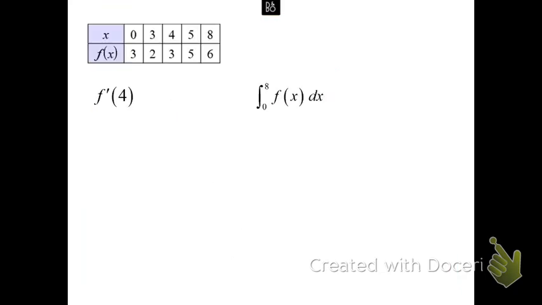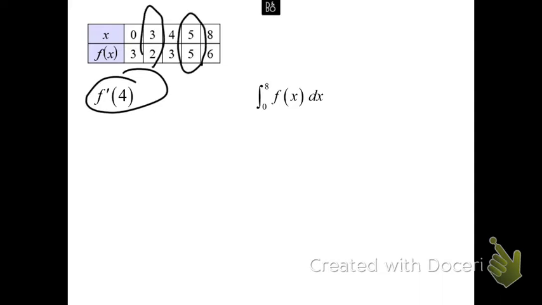Okay, so way back, like the first week of school, we learned how to estimate a derivative using a table. I think it should make sense that since derivative means slope, when we estimate a derivative using a table, we basically calculate the slope surrounding the value in question. So I would use these 2 points.